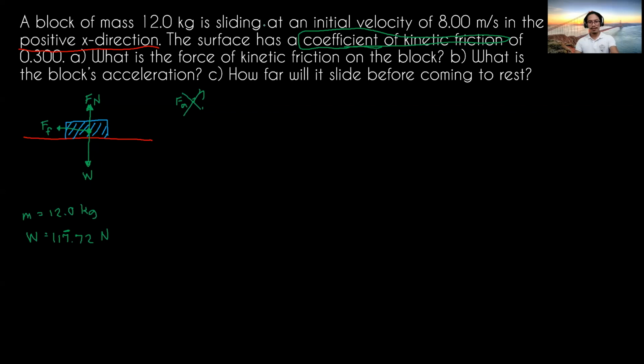What else is given? An initial velocity of 8.00 meters per second. The surface has a coefficient of kinetic friction, which is 0.300. The problem asks what is the force of kinetic friction on the block, what is the block's acceleration, and how far will it slide before coming to rest.